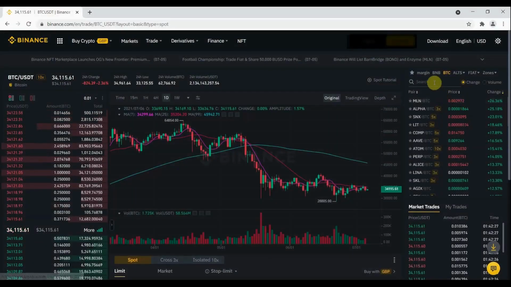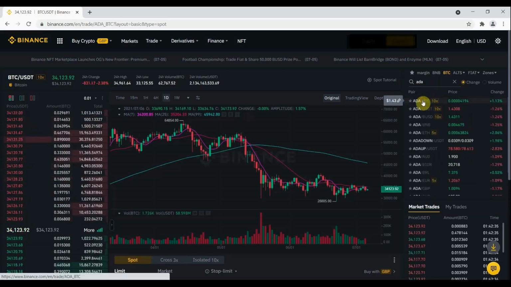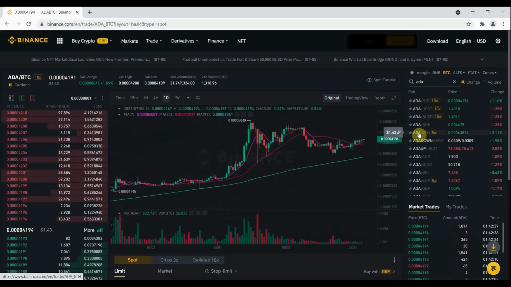Next, we are going to look at how to create a favorites list, which will make it easier for you to monitor your chosen cryptocurrency investments. In the search bar, type in the name of your chosen cryptocurrency and find the currency pair that you wish to monitor. Click on the small star next to the currency pair in order to add it to your favorites list.